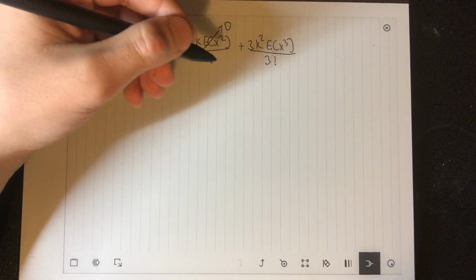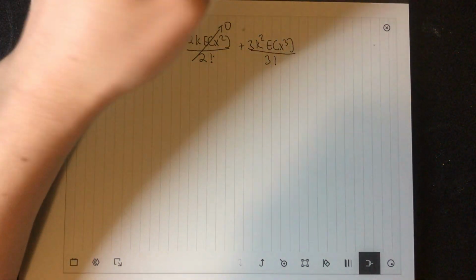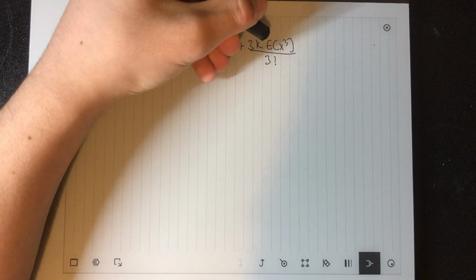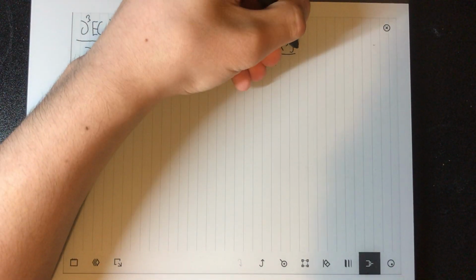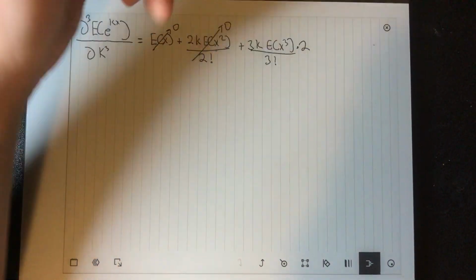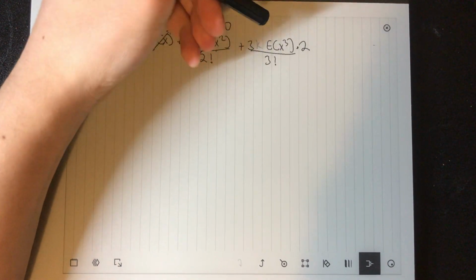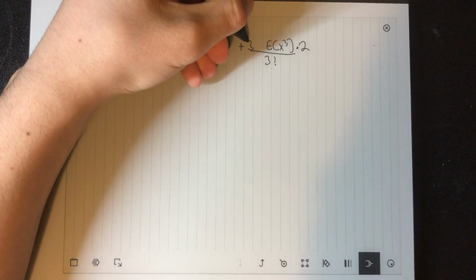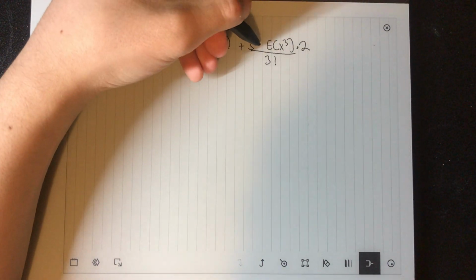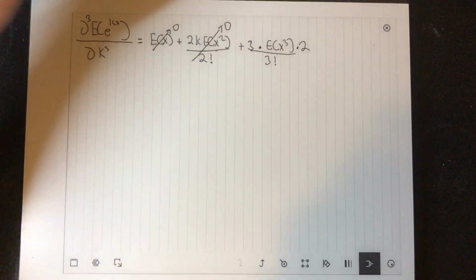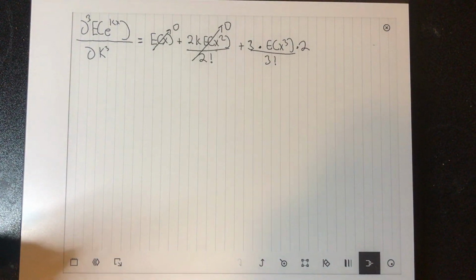And over here, by taking the derivative 2 times, we would get multiplied by 2, and then for the second time this will simply equal 1. Taking the derivative of this with respect to k will give us 1. So this is what we'd be left with.